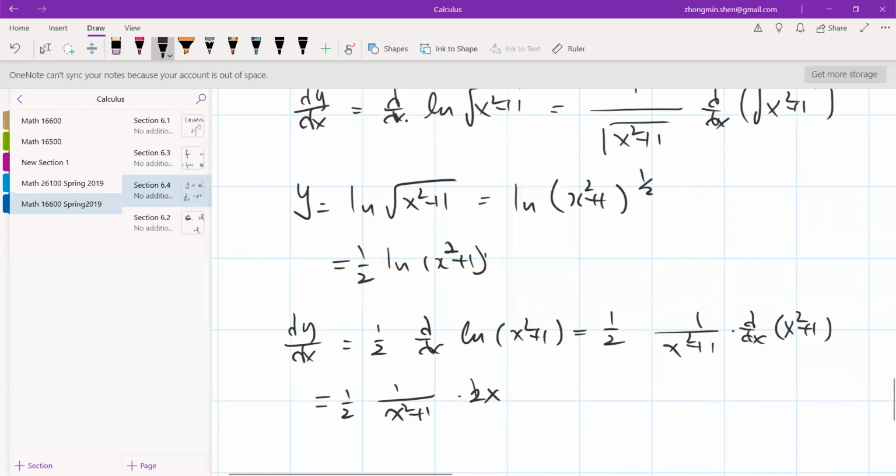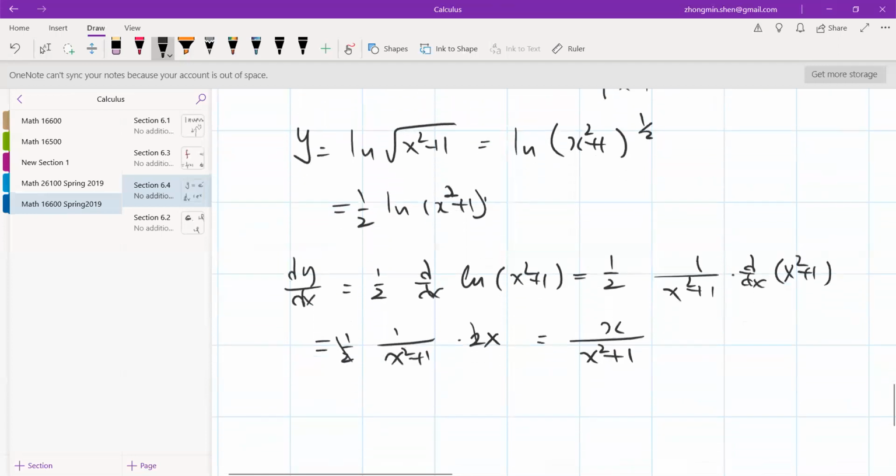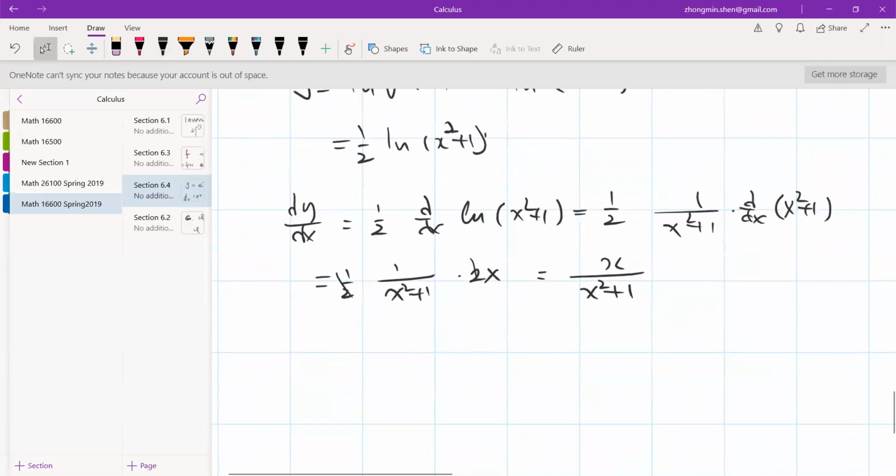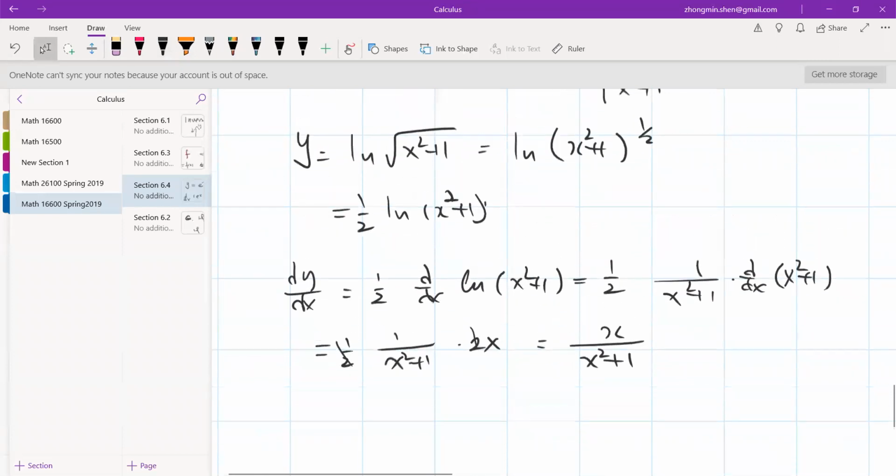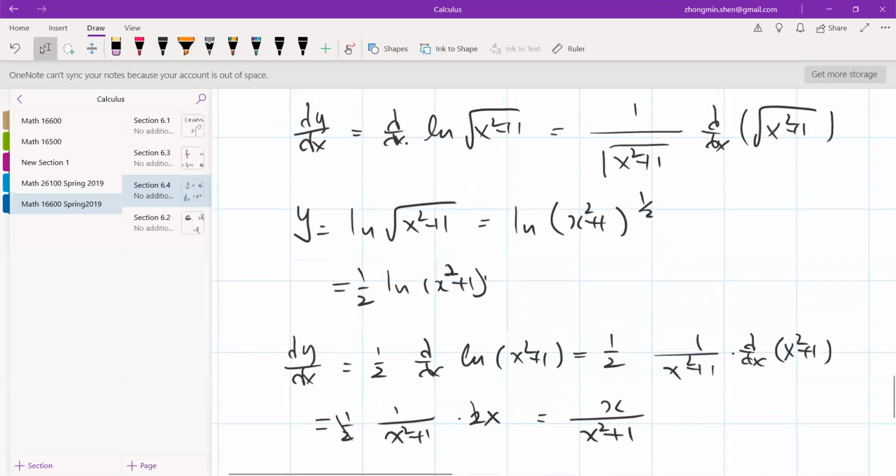After you simplify, you get x over x squared plus 1. That's easy. Now, if you want to continue working on the first one, after you simplify, you still get x over x squared plus 1. But it takes more time and it's much easier to make mistakes.